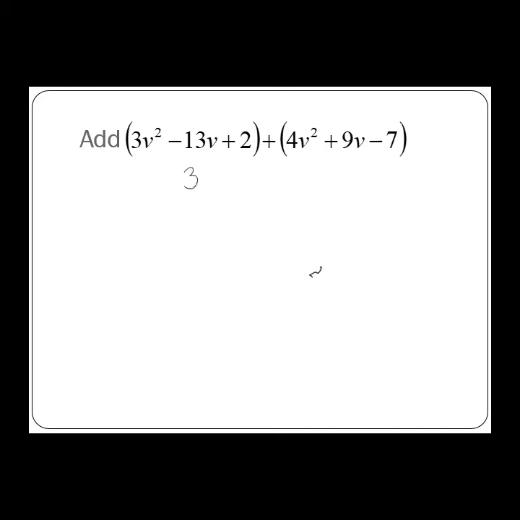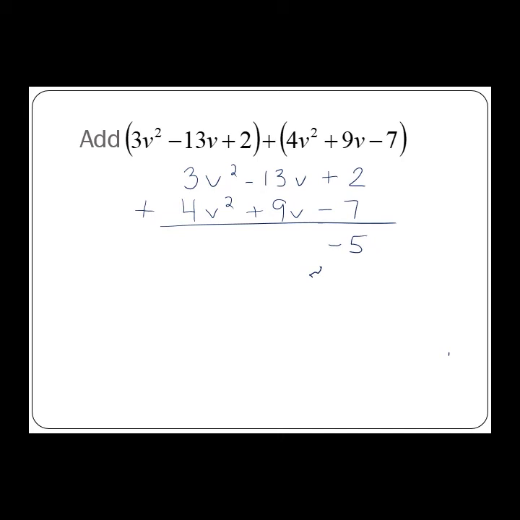So we're going to have 3v squared minus 13v plus 2. And then I'm going to write the other one vertically, lining up the terms, the ones that are the same, and in this case I'm adding them. So 2 minus 7 is negative 5.